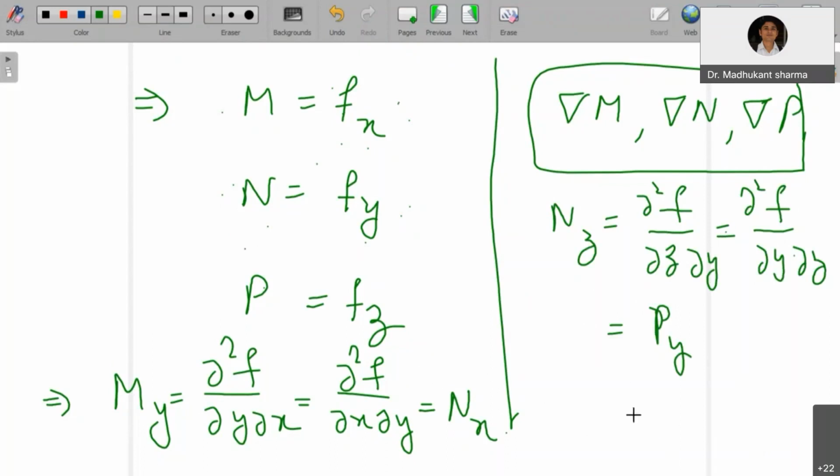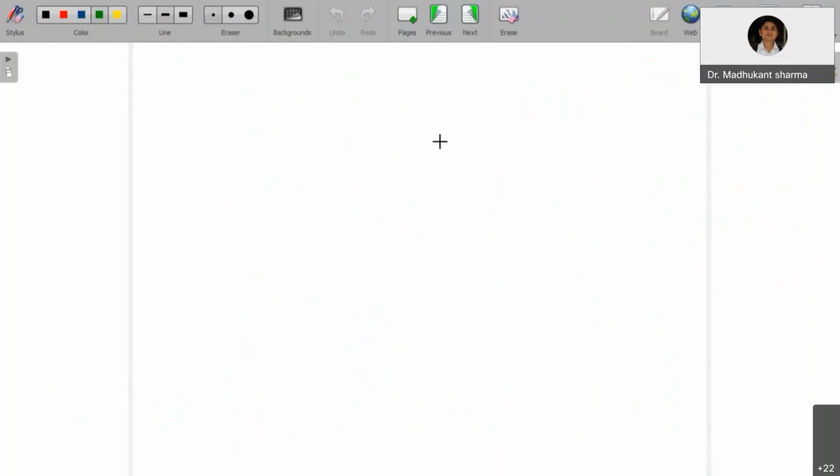So similarly, you will have px equals mz. So if F is conservative, you have this following condition. Okay, so it is also very easy to memorize.